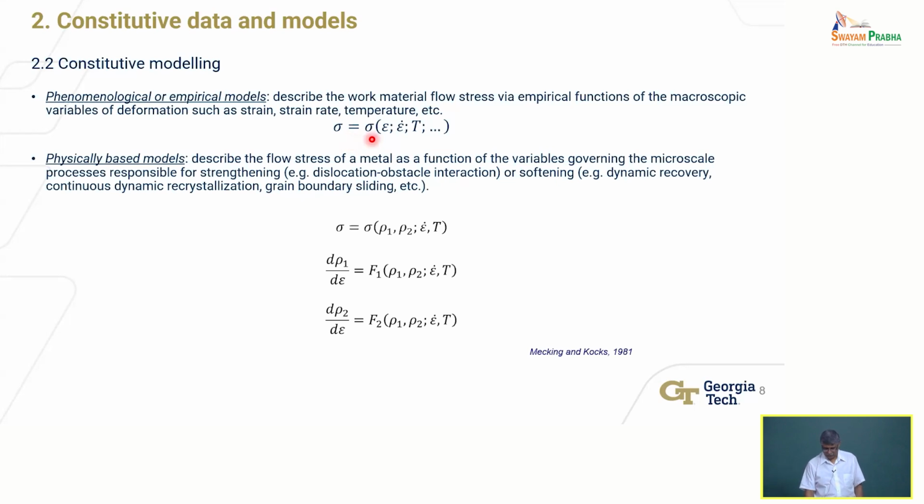Okay, so this is really what this is capturing. Sometimes this is called a flow stress model or a flow stress equation. Flow stress means nothing other than yield stress. You're all familiar with yield strength that you get from a tension test.